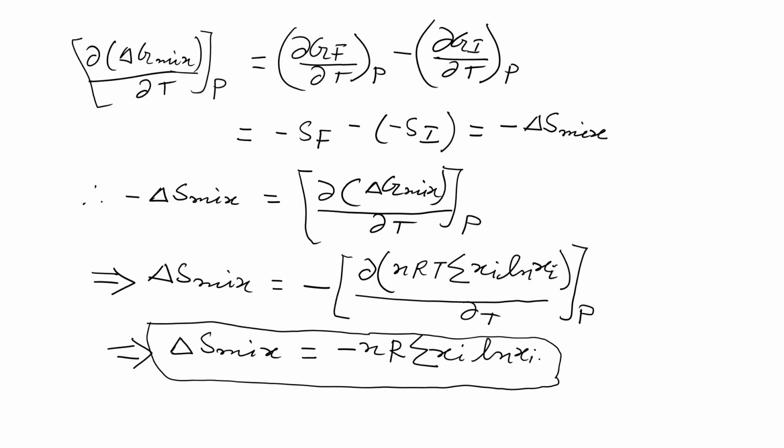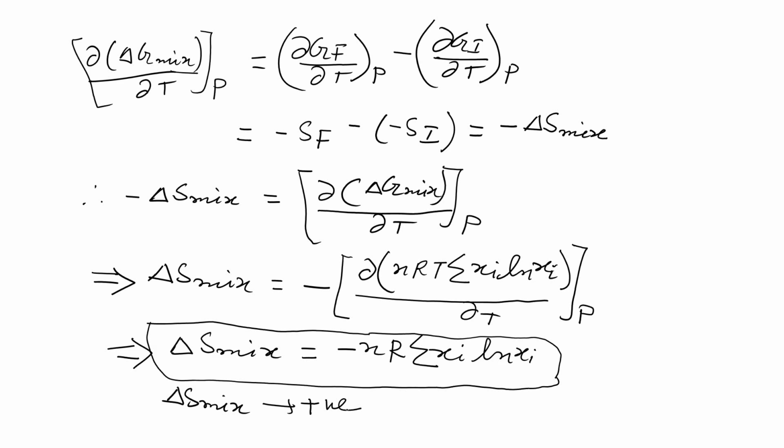So ln xi is negative, and with the minus sign in front, delta S mixing is positive. Delta S mixing positive means the mixing of ideal gases is a spontaneous process, because for a spontaneous process the entropy change is positive.